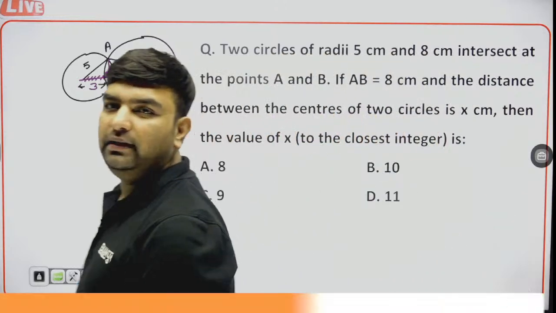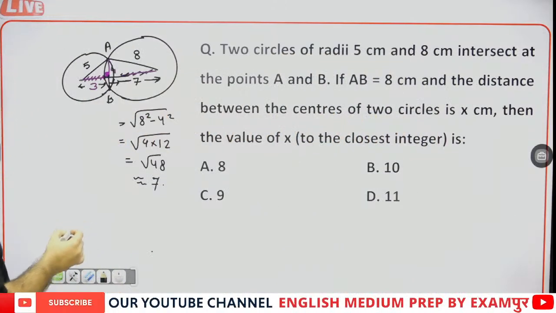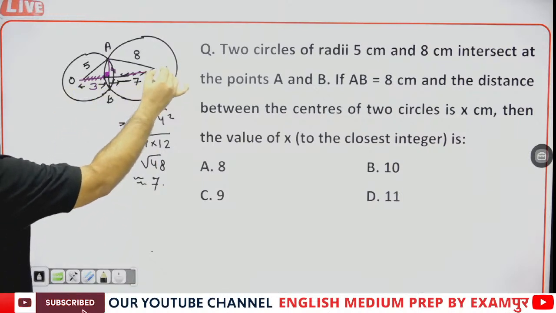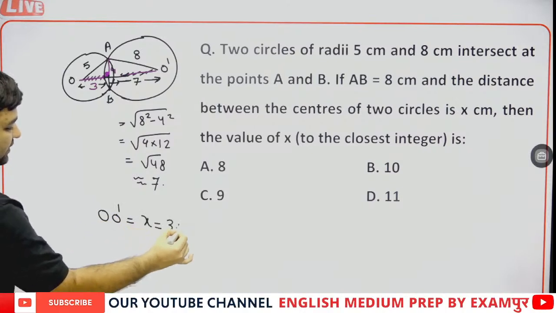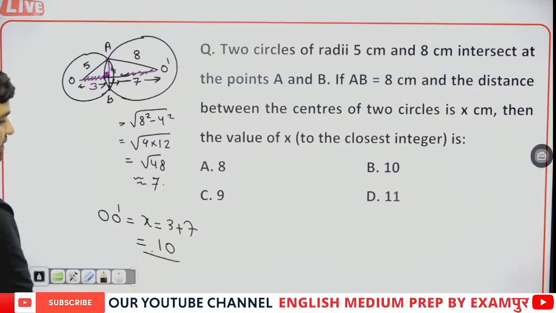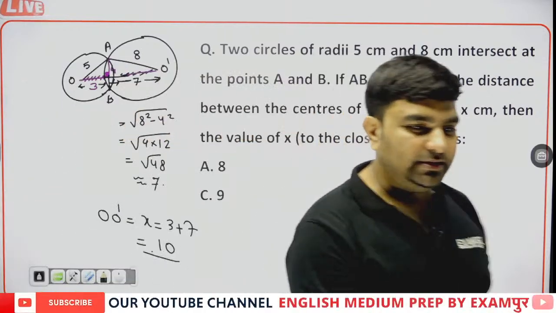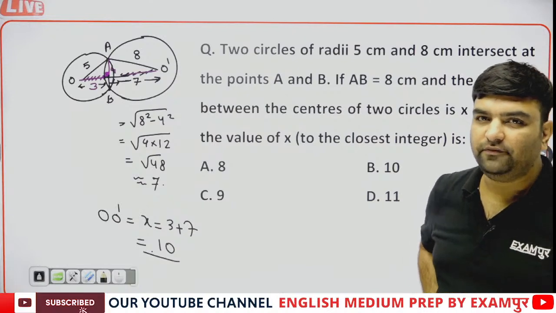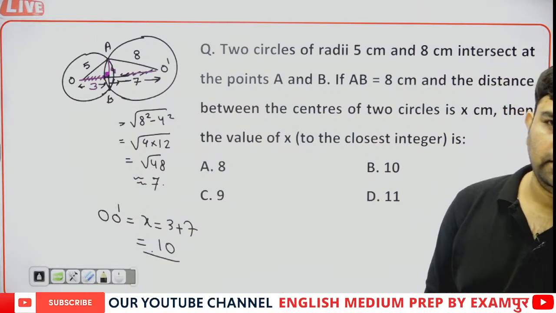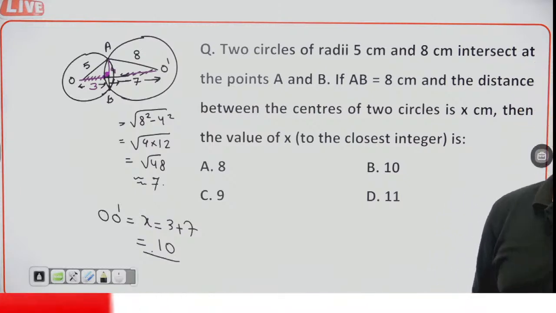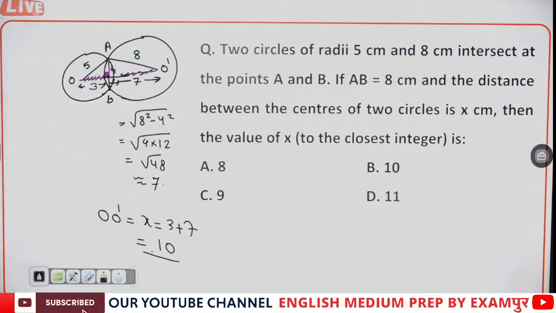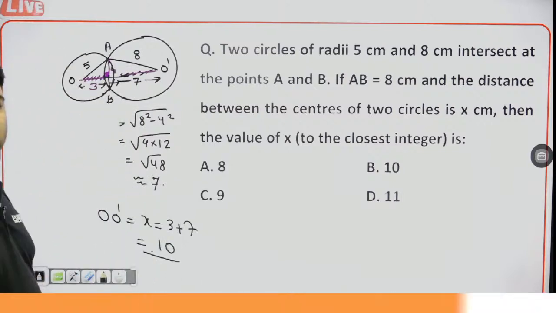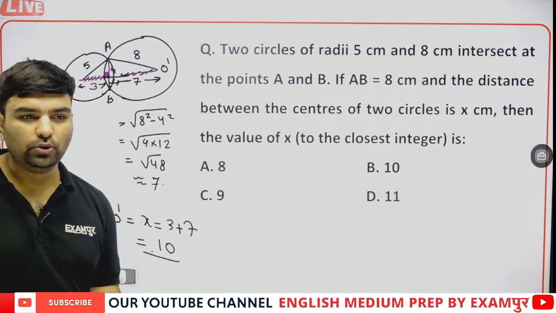So the distance between the centers, which is given as x, is 3 plus 7, 10. Clear? Any confusions whatsoever? I don't think so.